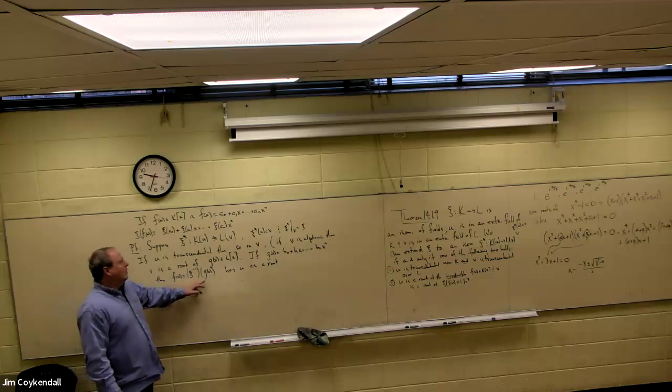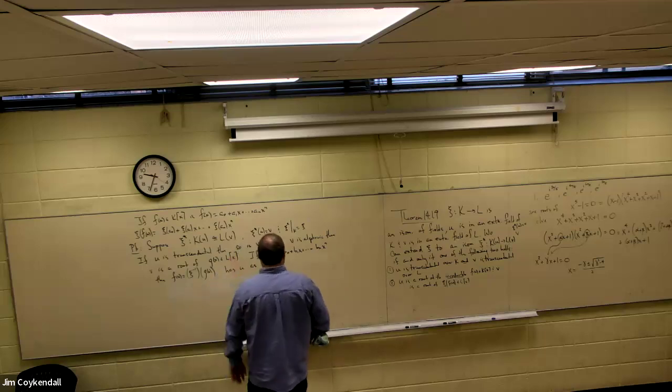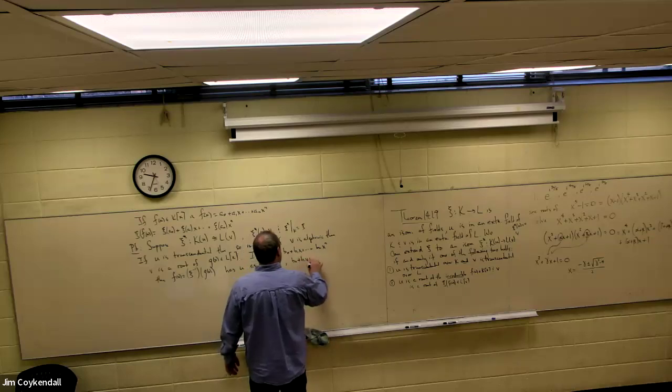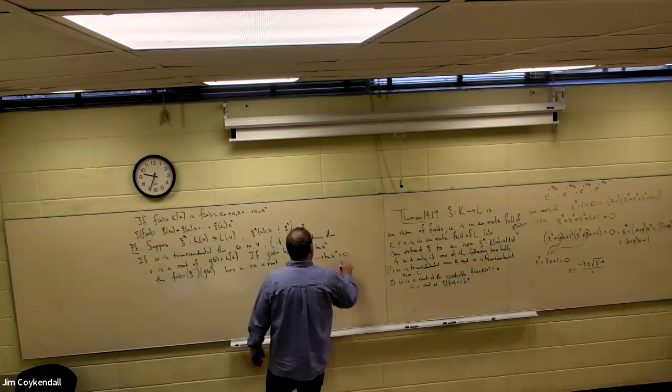In other words, if v is a root over here, this means that b0 plus b1v plus up to bn v^n is equal to 0.